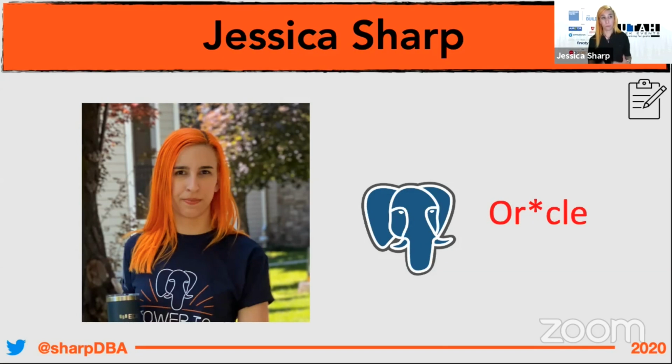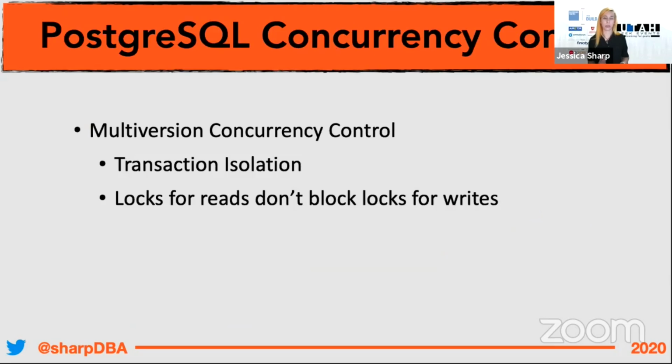So with that being said, we're just going to level set here and make sure that we're all on the same page. A big difference that I see when I'm talking to people new to Postgres is concurrency control. That's a big topic. There are some weird myths and rumors about Postgres, I suppose, but Postgres uses multi-version concurrency control.